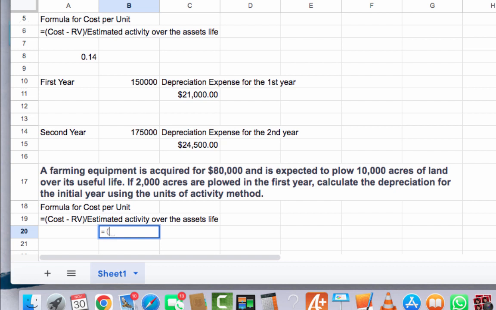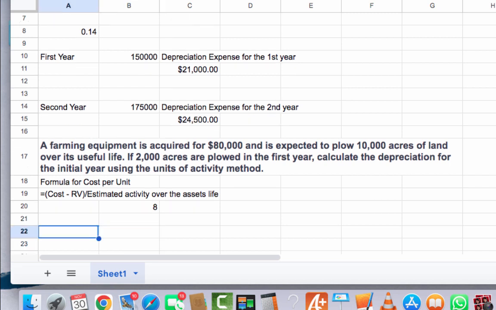My cost was $80,000. Do I have a residual value? It doesn't have a residual value, so I'm going to put in 0. And I'm going to divide the whole thing by the 10,000 acres of land we expect this equipment to be good for. So that's $8 per acre.